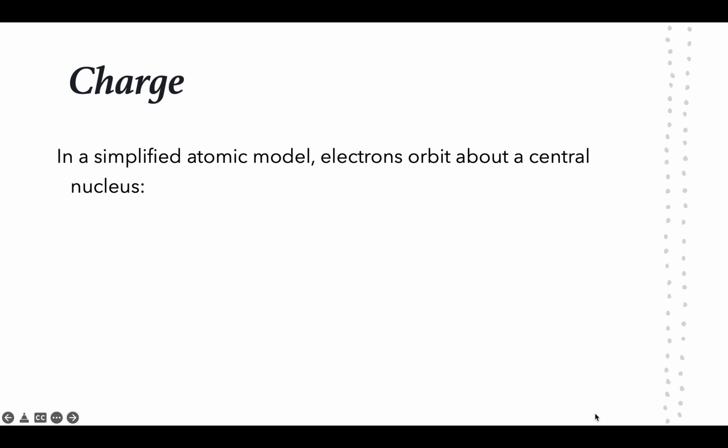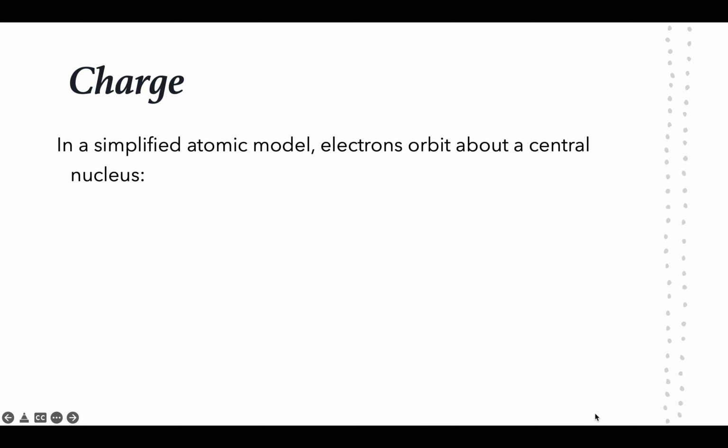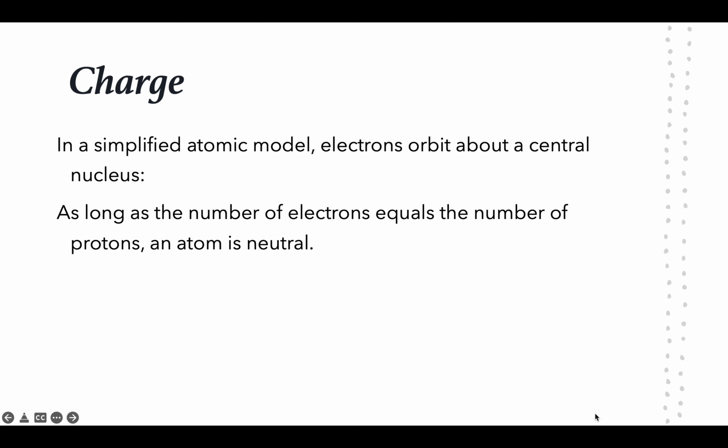Today we're going to be talking about electric charge. Now, all materials are made of atoms, and in the simplistic model, the nucleus is made up of neutrons, protons, and electrons which orbit the nucleus. As long as the number of electrons is equal to the number of protons, then the charge of that atom is neutral.